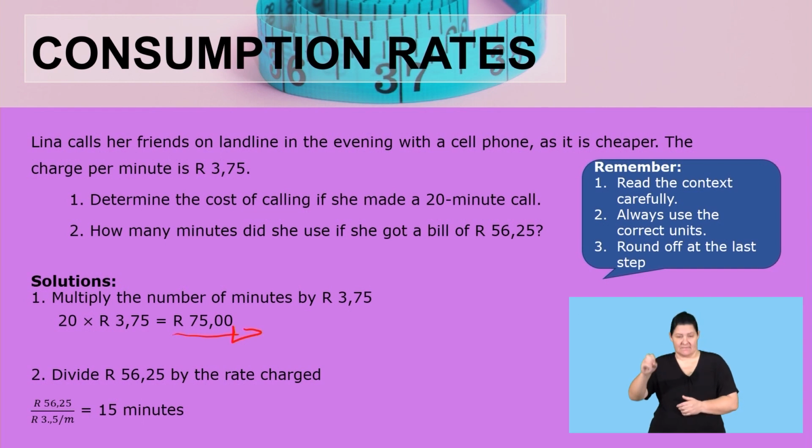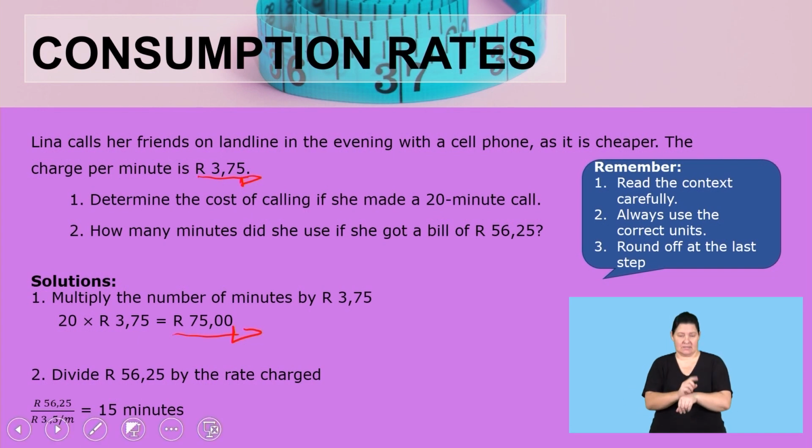The second one, how many minutes did she use if she got a bill of 56.25 rand? To know the minutes that she used, we will take 56.25 rand, and divide it by the 3.75 rand, which is the charge per minute. Then when you divide, the answer we get is 15 minutes.